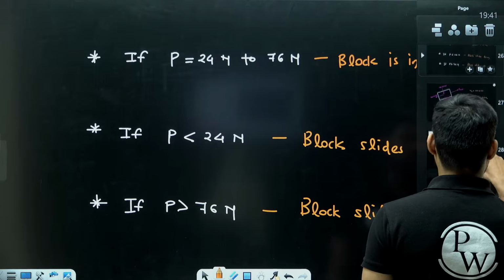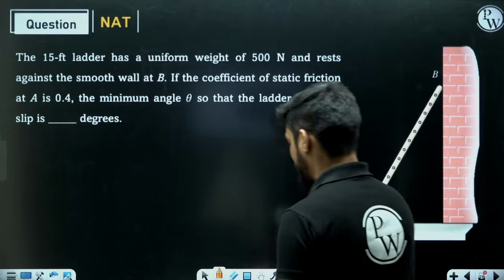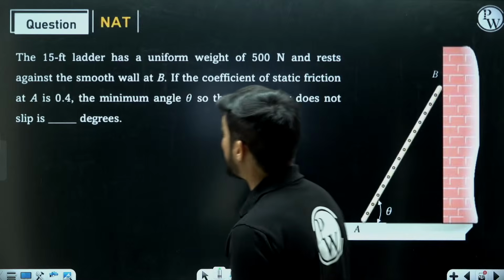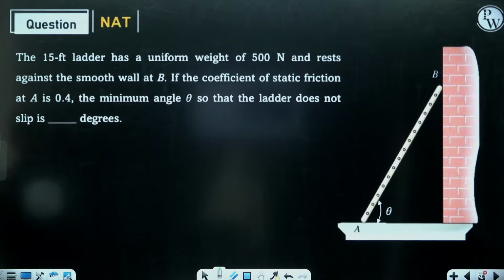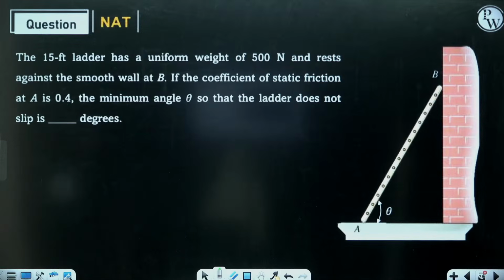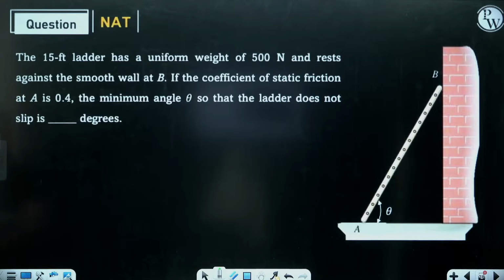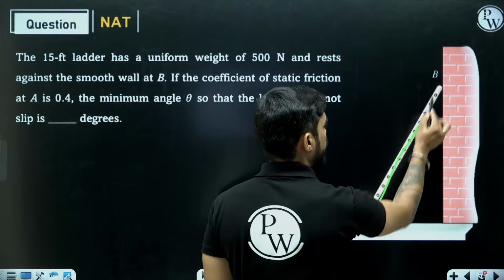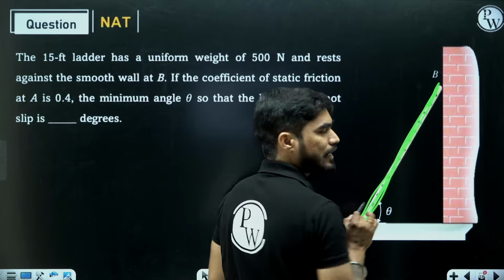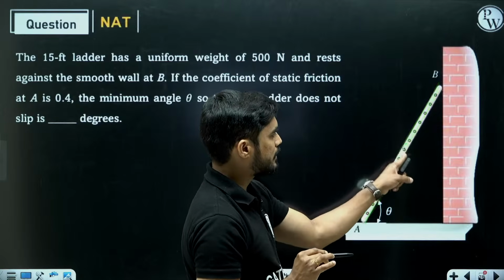Now this next question is very interesting because here we have a ladder. The 15 feet ladder has a uniform weight of 500 Newton and rests against the smooth wall at B. We have a ladder, you can see. Uniform ladder means the weight will be acting at the center of the ladder.